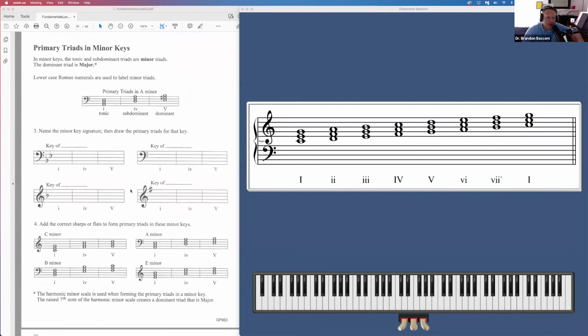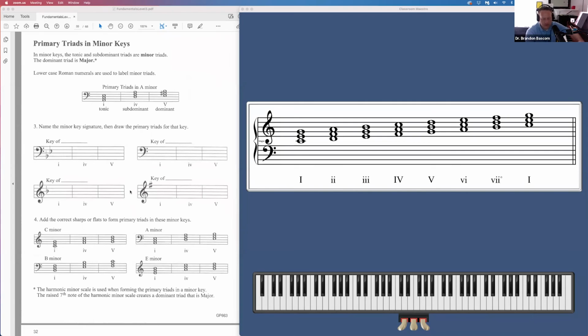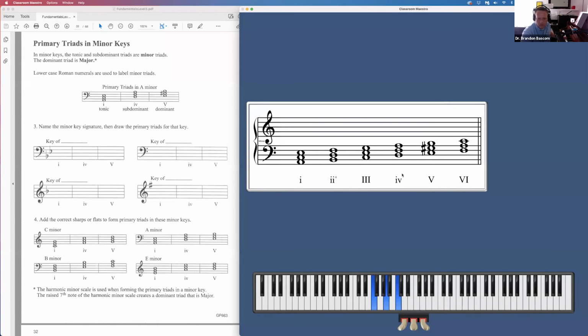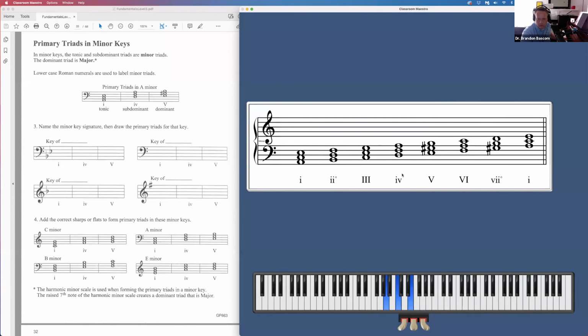Now, primary triads in minor are different. Okay, so in minor, our primary triads, 1, 4, and 5, they're minor triads, but the dominant we raise our scale degree 7 to make this a harmonic minor scale.